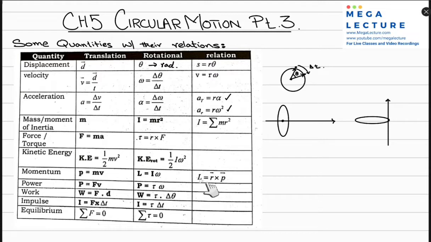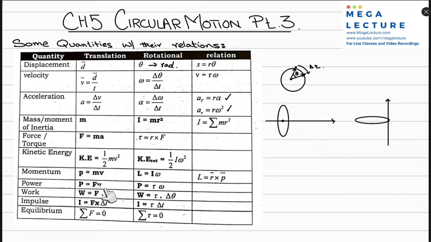And you can relate the two with the vector product of the position vector r and the linear momentum p. So r cross p gives you the angular momentum of the object. Now, you must note that the angular momentum is dependent on the axis of rotation that you choose, right?